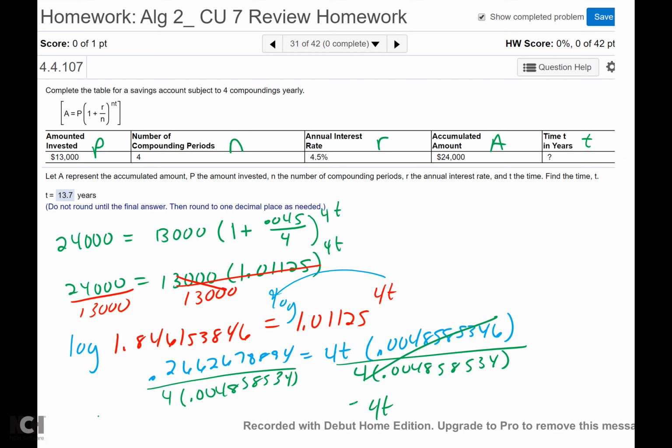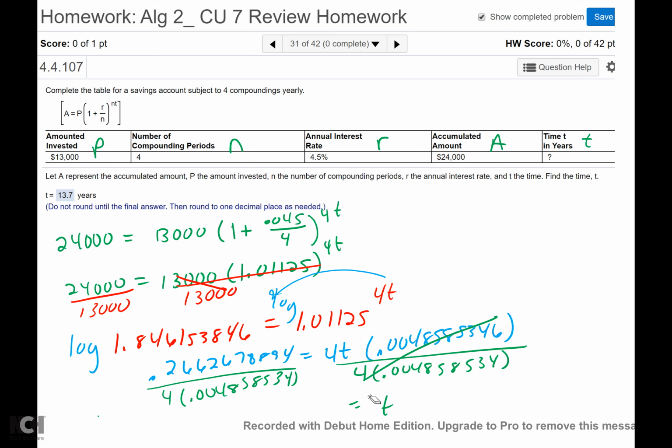I get 4t equals 0.26626788894 divided by parentheses 4 times 0.004858536, and I get 30.